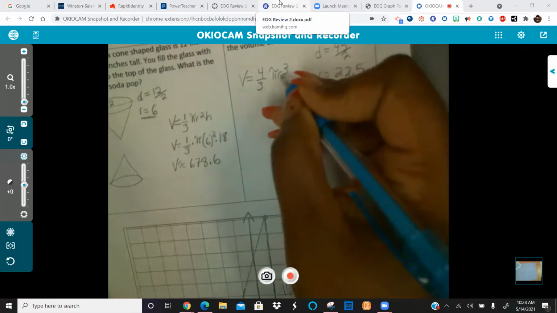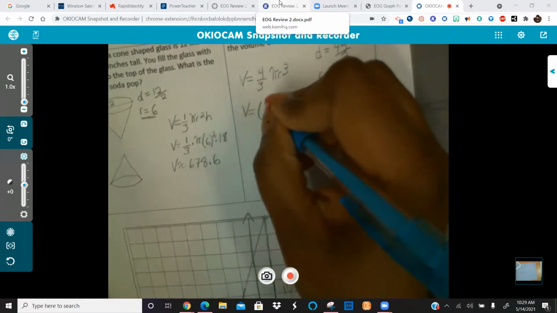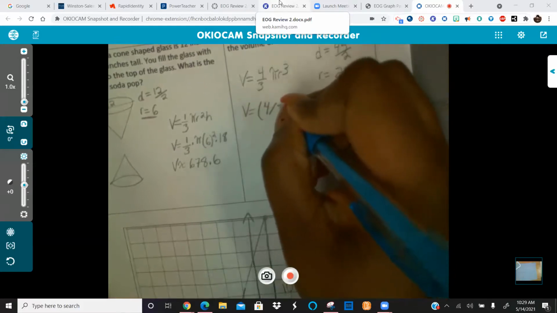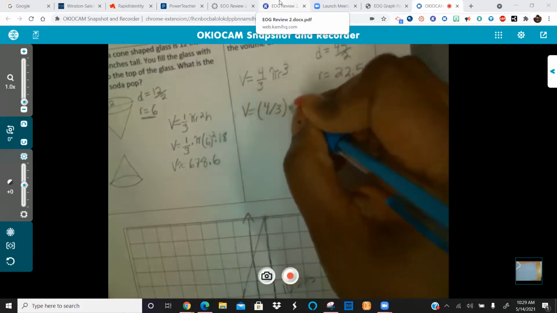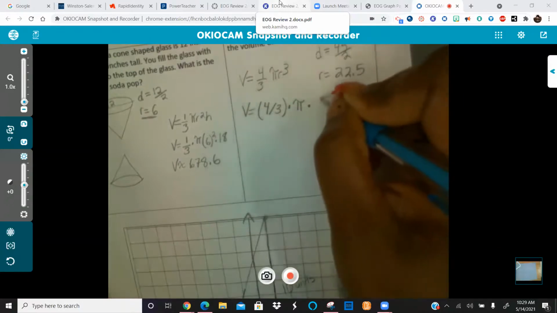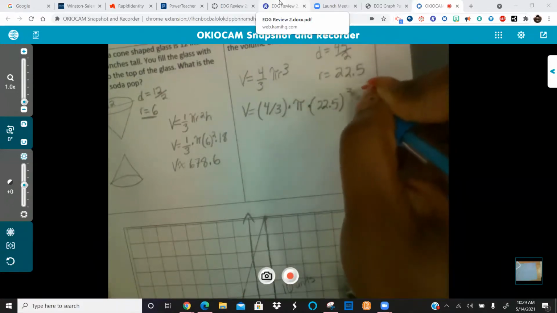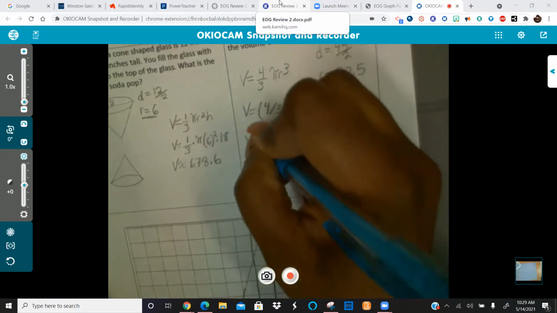So this is what you're going to put here. Don't forget, put this in parentheses when you multiply. Then type in times pi. Then type in the radius, to the third power. And then put your answer in.